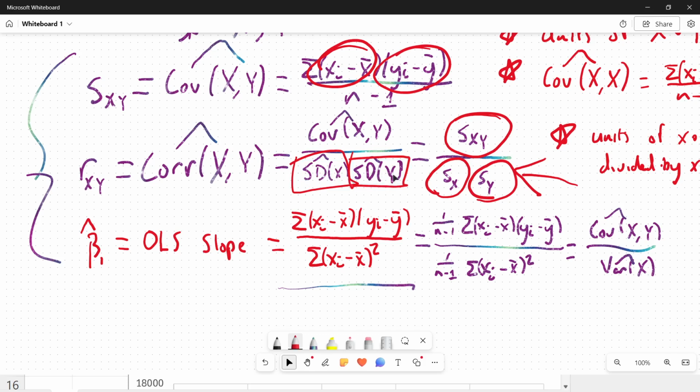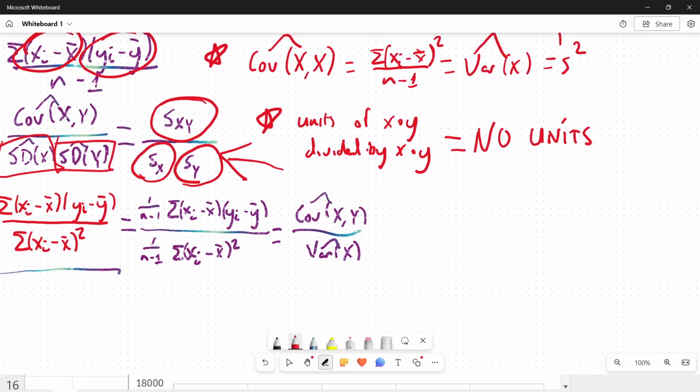So sure enough, it doesn't matter whether you divide by n or n minus 1 to use the sample formula or the population formula when you're building correlation, as long as you do it uniformly. Make all three of these use the same rule. It'll cancel out just like it does here. The n minus 1 cancels out in the numerator and the denominator to give you something that looks like this. So it wouldn't matter whether you had used n or just n minus 1.